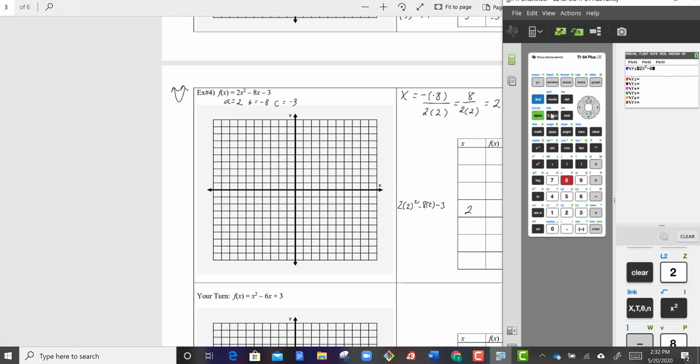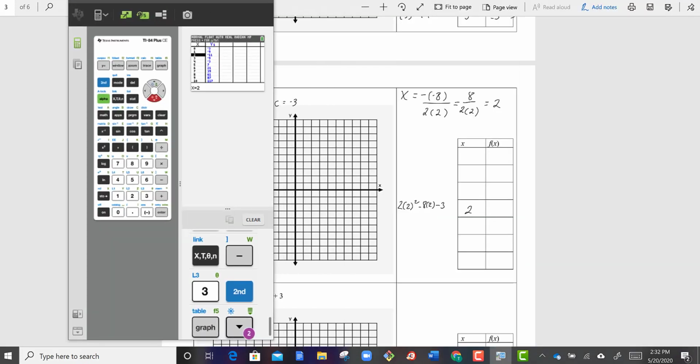So if we type this in and then hit second graph, and then we see the table. And then we can see the vertex is clearly at the point 2, -11, which is what we would have gotten had we actually done the arithmetic there.